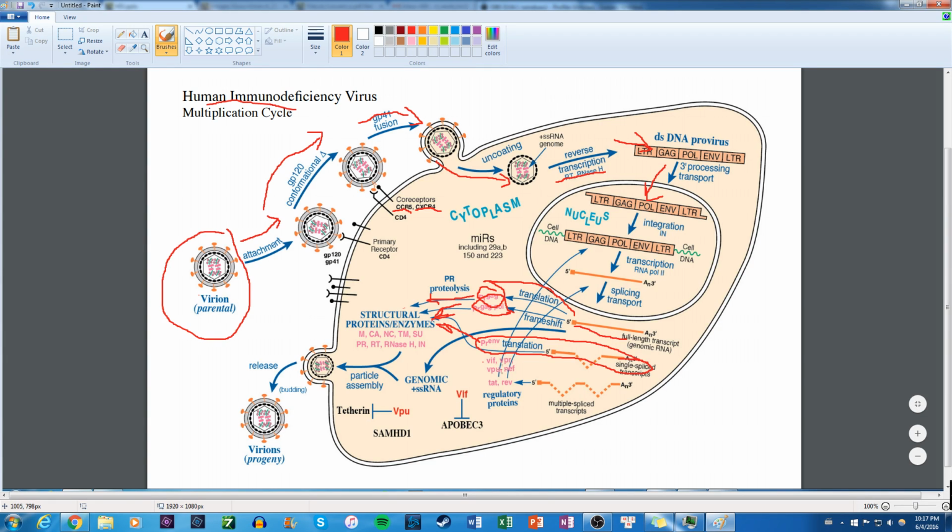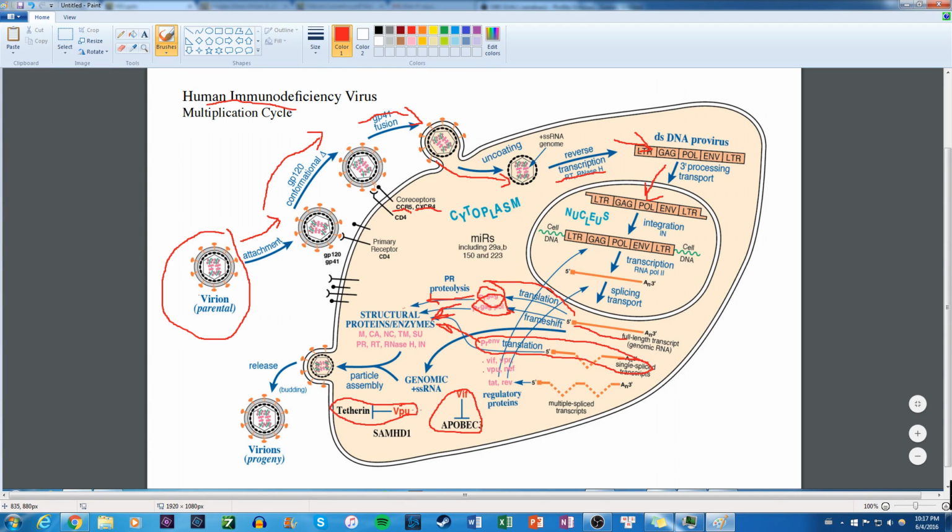VPR stands, I should just go VPU. VPU stands for viral protein unique to HIV. This one destroys CD4 and inhibits tetherin. They don't show that it inhibits CD4, but it does. You destroy the CD4, now this particular cell can't let the immune system know that something's wrong with it.